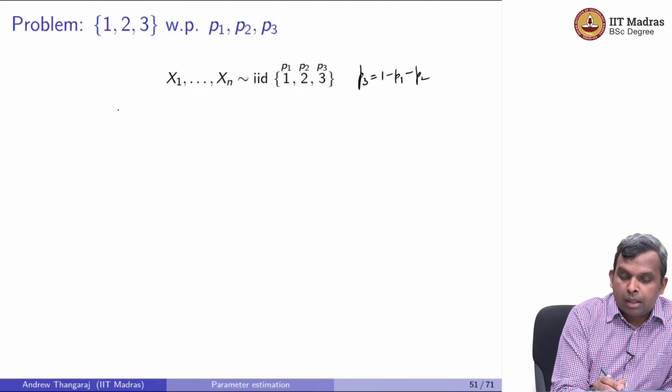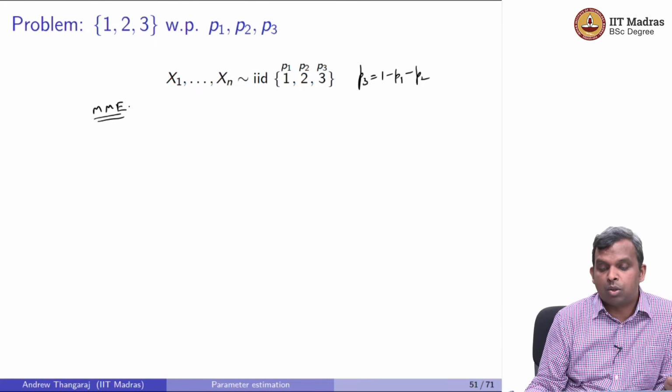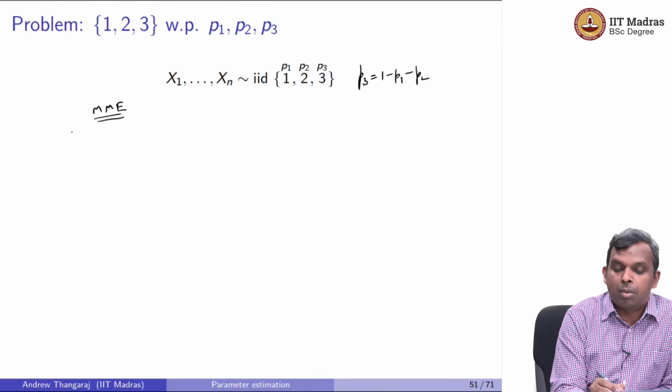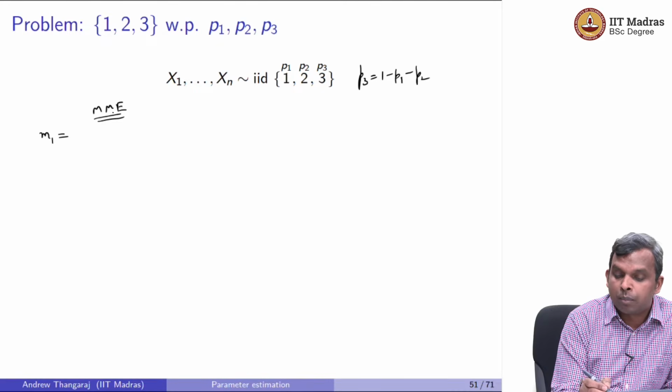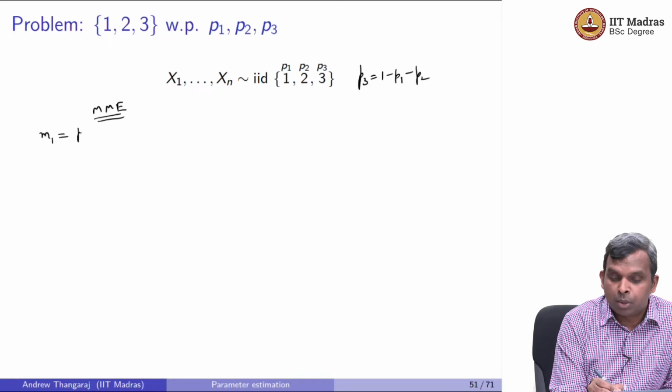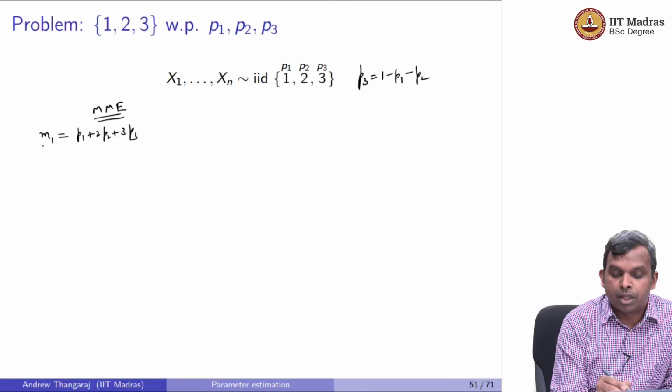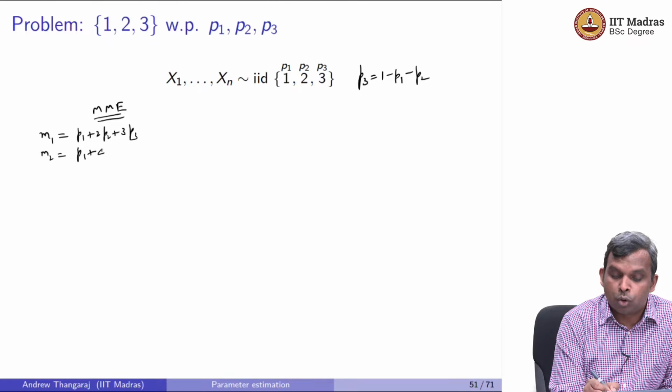Let's do MME first. We'll do MME on the left side and ML on the right side. If you look at MME, I'm going to have two equations. The sample moment M1 is equal to the expected value of x, which is P1 plus 2P2 plus 3P3. This is one equation. The other equation is M2, the second moment, which is P1 plus 4P2 plus 9P3.